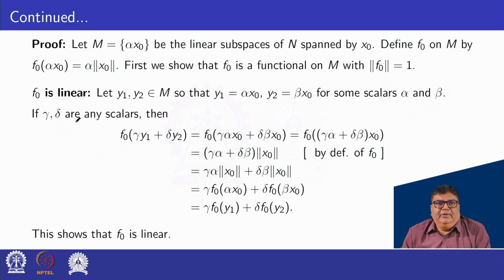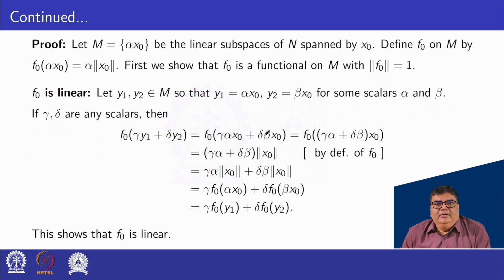If gamma, delta are any scalars, then f0 of gamma y1 plus delta y2, putting the value of y1 and y2, is f0 of gamma alpha x0 plus delta beta x0.